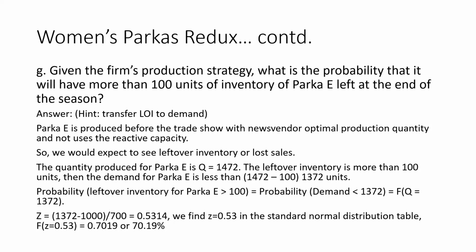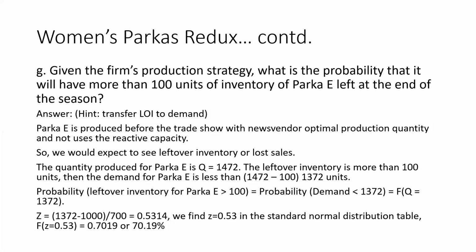Why? Because our demand model gives the probability that demand is less than or equal to Q, so we write it as F(Q). Here the demand is less than 1372, so we write it as F(1372).